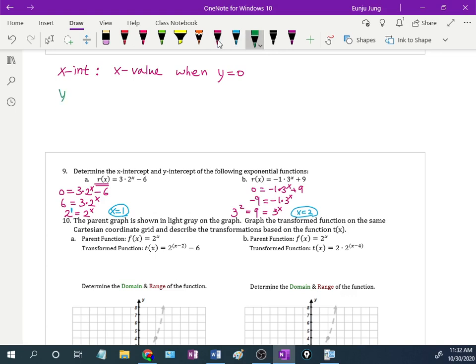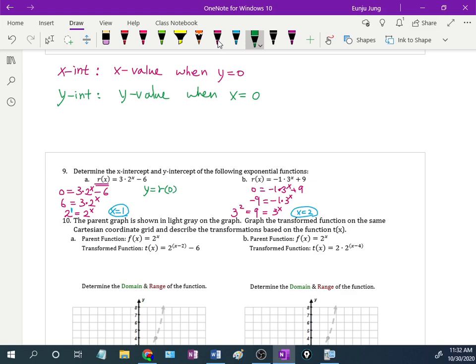Next one, what is y-intercept? Y-intercept is y value when x is 0, okay? So for a question, you equate this r of 0 as y, that is y value, okay?